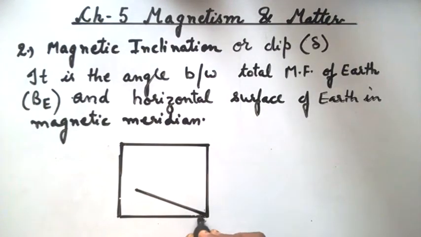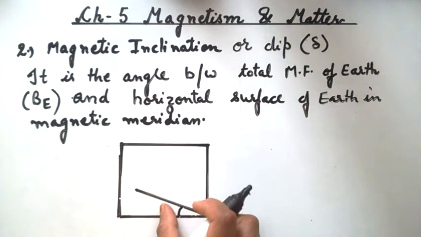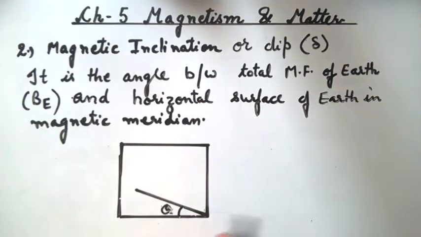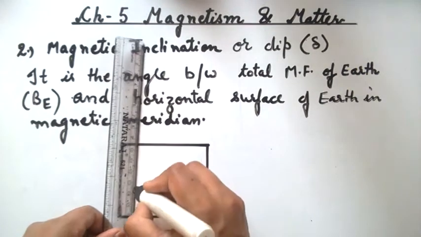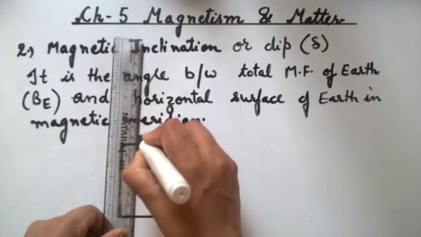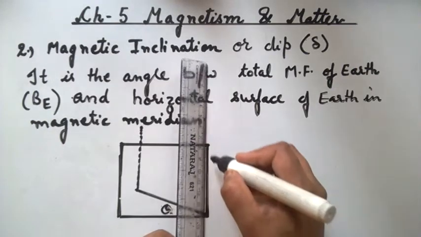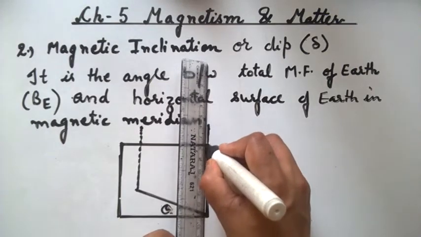The angle between magnetic axis and geographic axis is angle of declination, theta, and this is the vertical plane, that is geographic meridian.